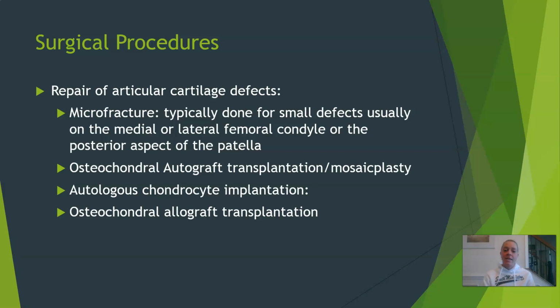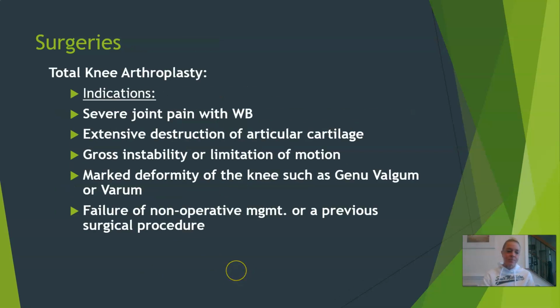They can do chondrocyte implantations or allograft transplantation, so getting cadaver tissue. All of these have a relatively lengthy rehab process in order to try to allow that cartilage to grow. So these are not done very commonly. I doubt you'll see too many patients who have any of these surgical procedures done.